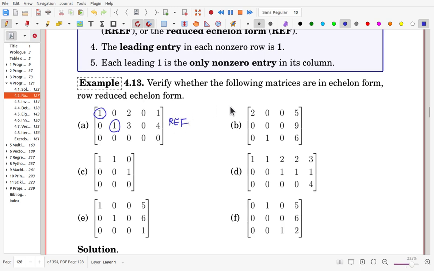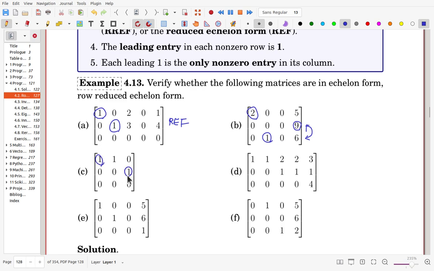Now how about this one? That is a leading entry, leading entry, leading entry. So it is not in an echelon form. If you interchange these two rows, then it is in an echelon form. How about this one? This is a leading entry, leading entry.